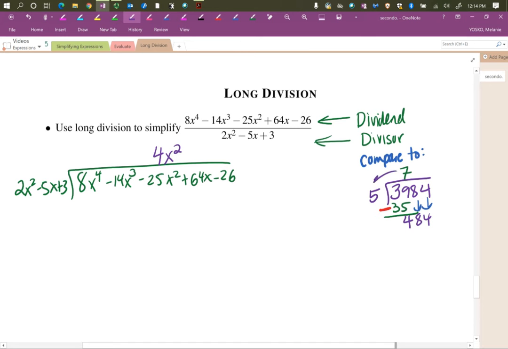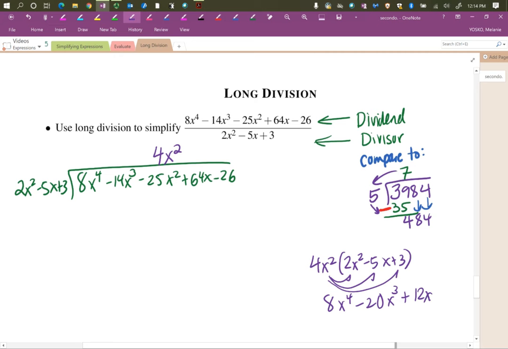And then notice in this example with the numbers, we multiplied and put the answer underneath. So we're going to put the answer right here, but we have to be really careful, though. We're going to do 4x squared times the entire divisor. So we're distributing, right? So this is 8x to the fourth minus 20x cubed plus 12x squared.